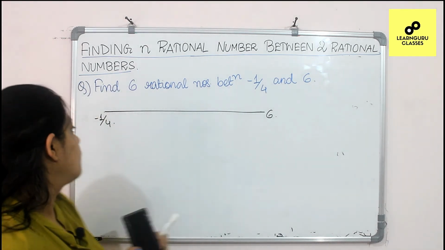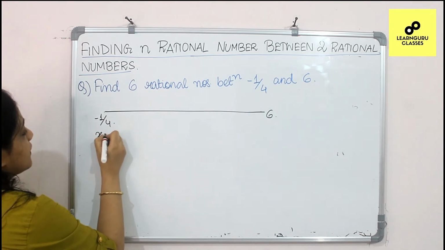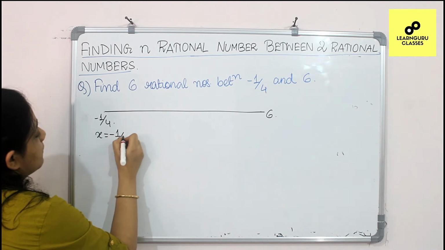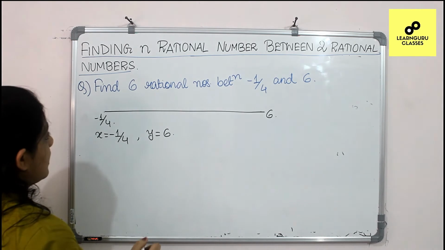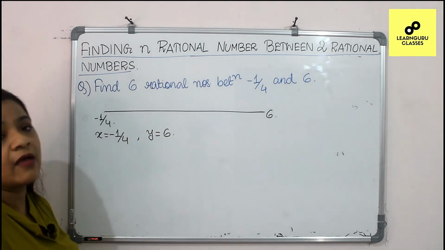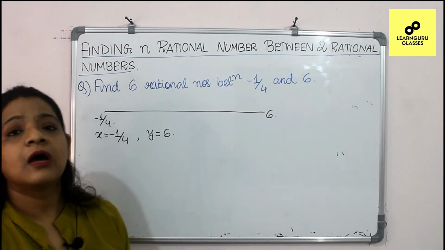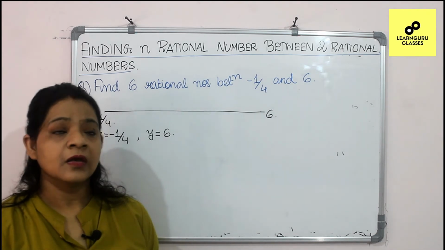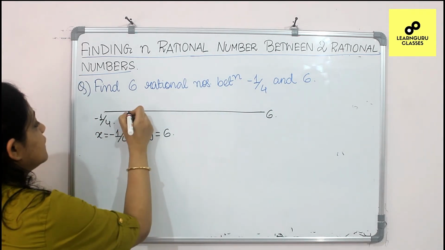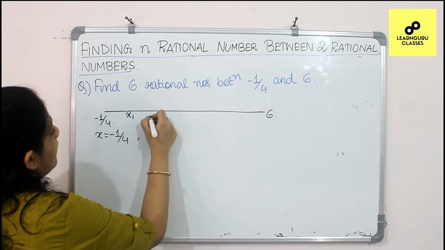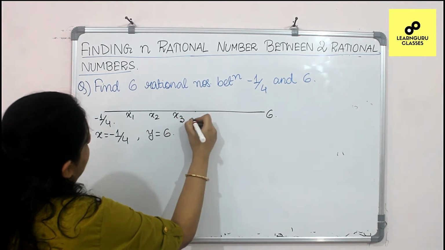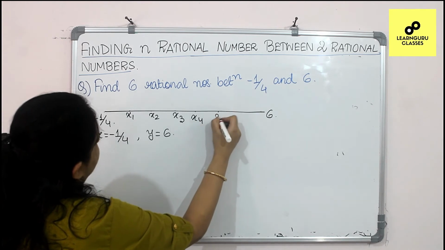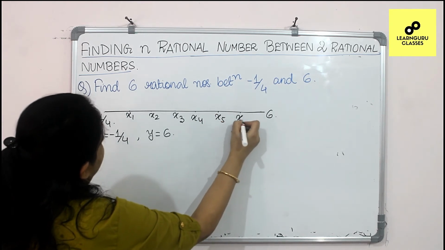Okay, so which one is x? x equal to -1 by 4 and y equal to 6. And how many rational numbers do you have to find out? You have to find out 6 rational numbers between these two numbers. So this is x1, x2, x3, x4, x5 and x6.